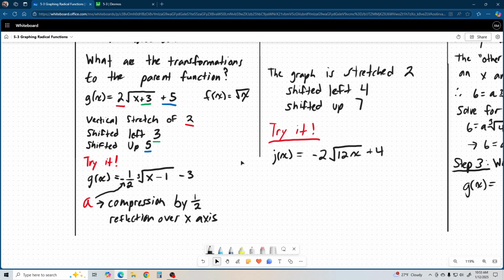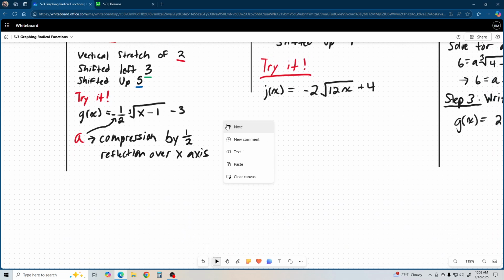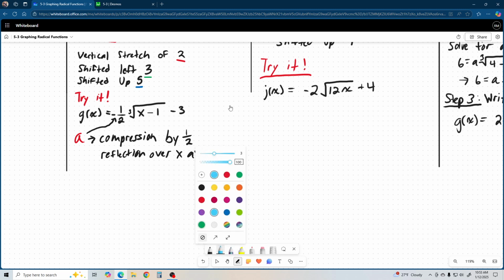That makes sense. Now we have x minus 1. Well, remember that in these kinds of problems, a negative actually moves it to the right, right? So now we have our h value, and our h value is going to shift it 1 to the right.